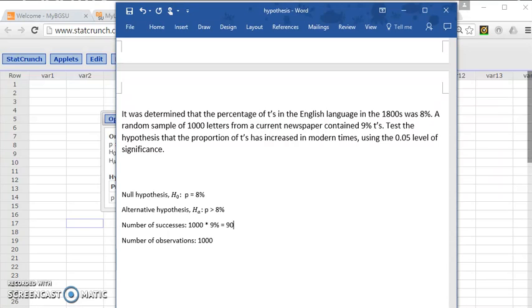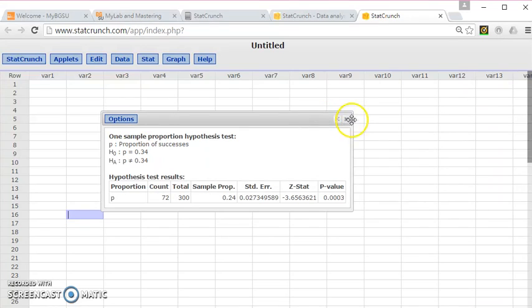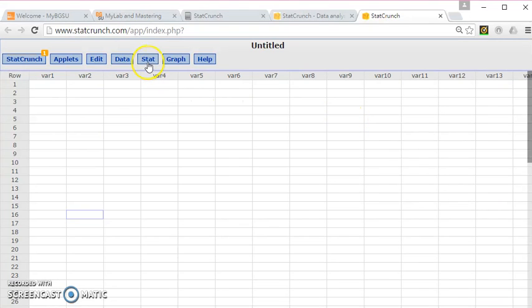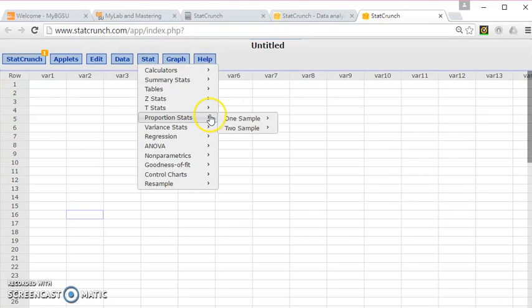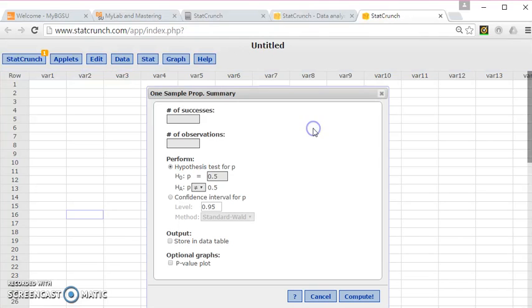Then when you're done with all the steps right here, when you find out all the numbers and write down the hypothesis, then you can go ahead to StatCrunch and use StatCrunch to run the hypothesis for you. So let's go back to StatCrunch again and run this hypothesis. So go to Stat, Proportion Stats, One Sample, and same, we only have the summary.